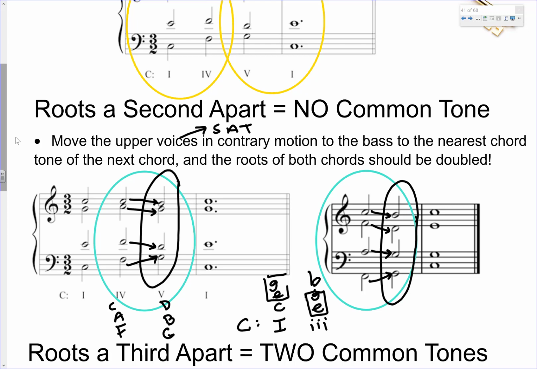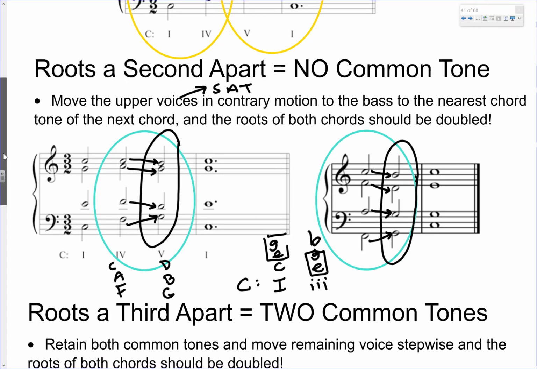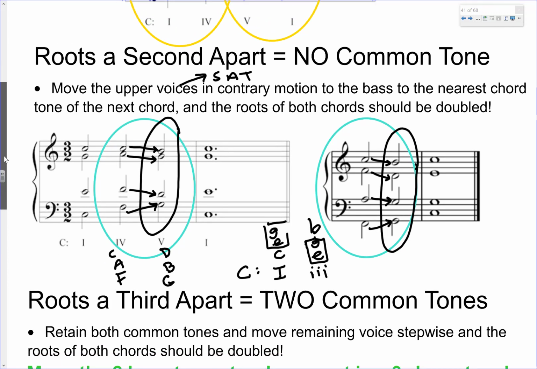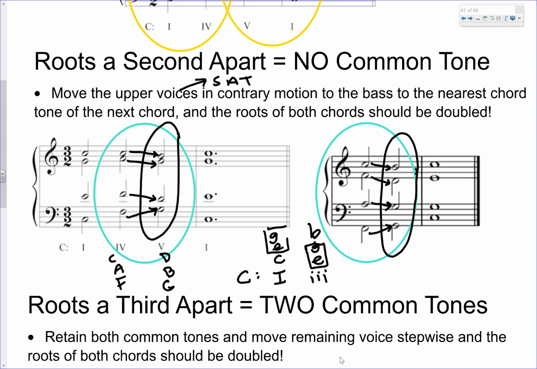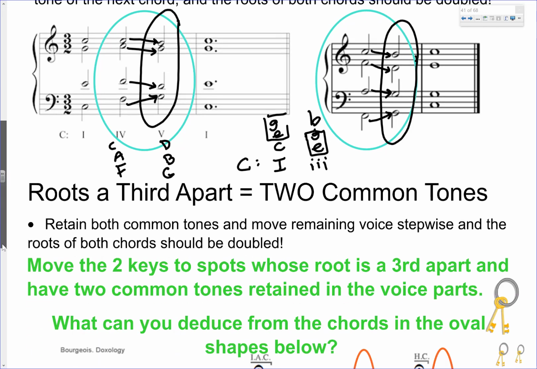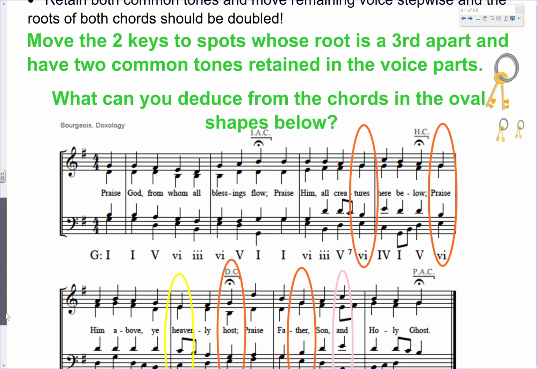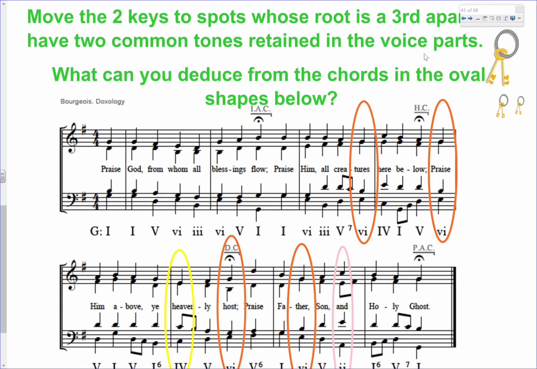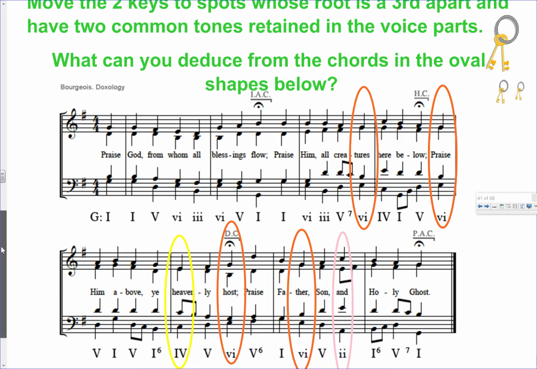When you have two common tones that exist between chords, retain both common tones and move the remaining voice stepwise, and the roots of both chords should be doubled. Let's examine this music below. We're in the key of G major.